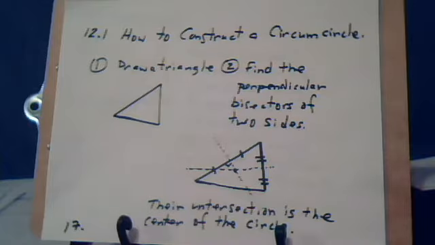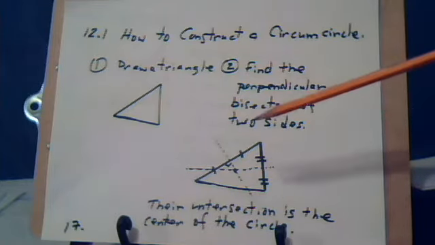So how do you construct it? How do you draw a circle around a triangle and make sure the circle touches the three vertices? Well, what you do is you find the center of the circle first. Don't try to draw the circle. It's going to be very difficult. Find the center of that circle. So how do you find it?